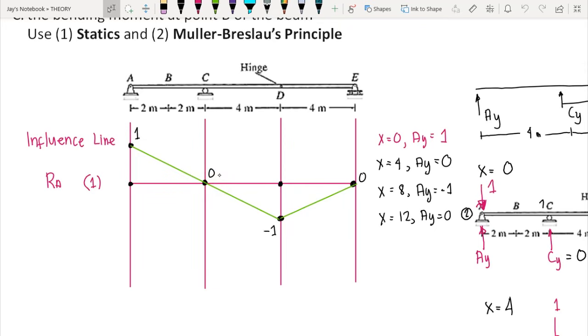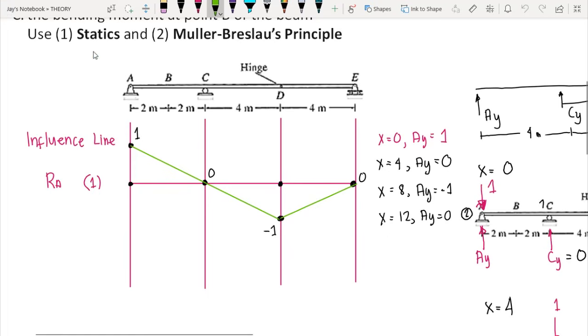But if our live load is at point D, or at 8 meters from A, this would give us a negative reaction at point A, or a negative Ay value. So that is the purpose of the influence line. It gives us the idea on the orientation or the value of our reaction as the load is moving across the beam.